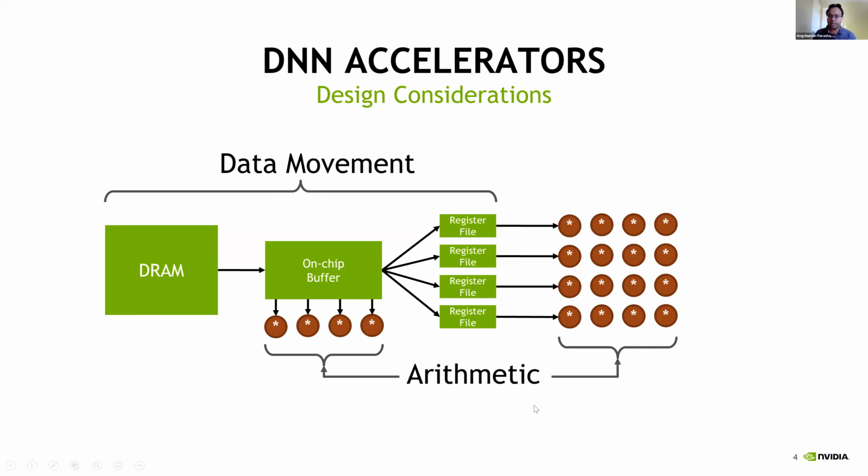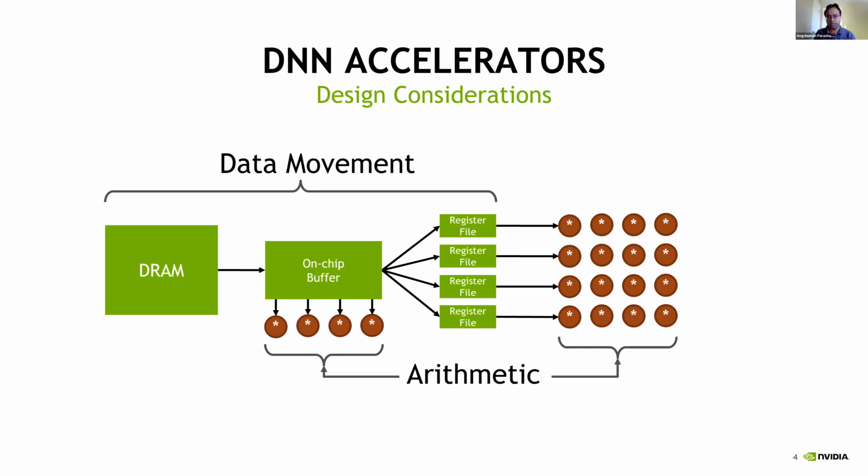So what we're looking at is the space of architectures of DNN accelerators. When an architect is designing a DNN accelerator, if you zoom out, take a number of steps back, and look at the big picture, you're worried about two main things: data movement and arithmetic.